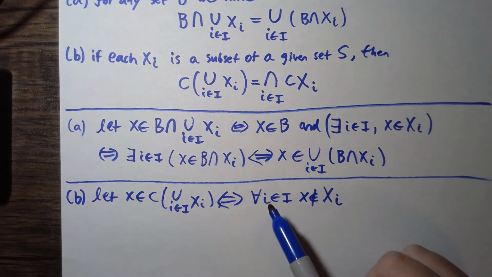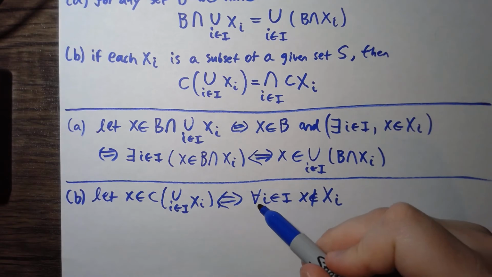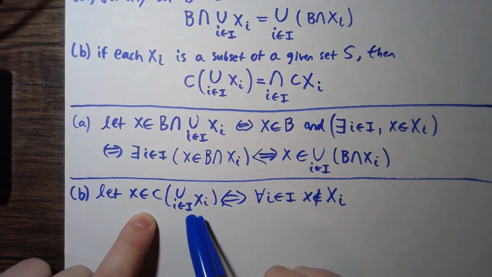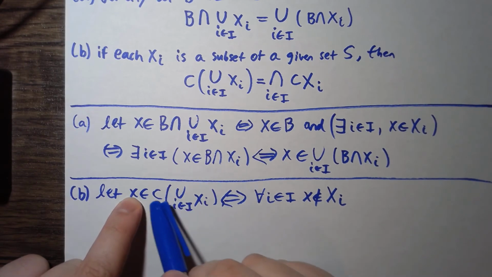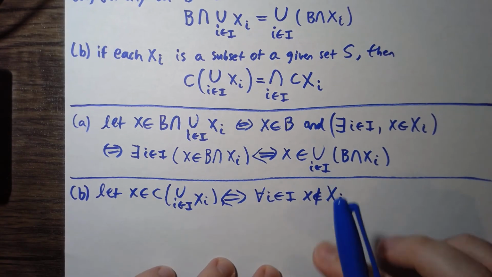So for every i in I, we have that x is not in x sub i. If x is in the complement of the entire union, that means that x is not in any one of these. So yes, this is a correct implication.